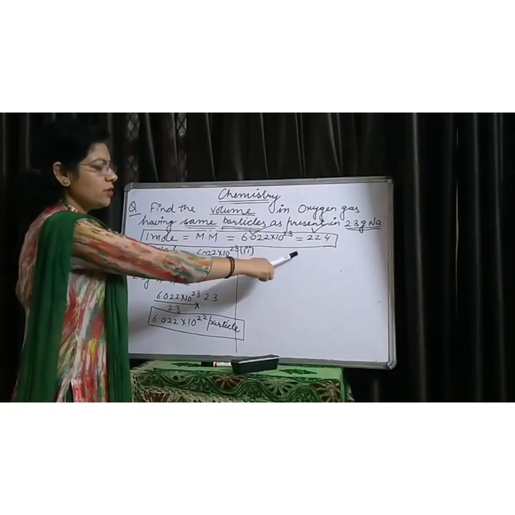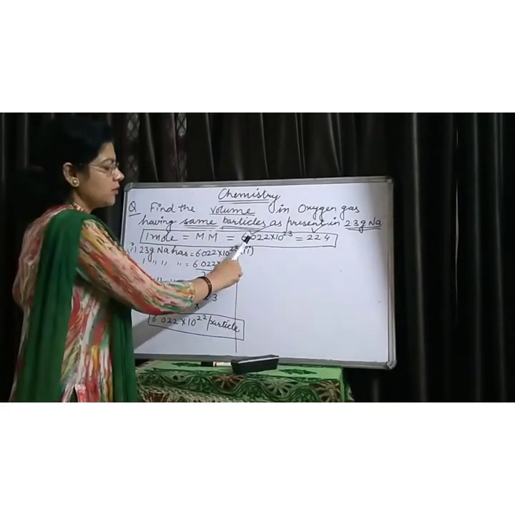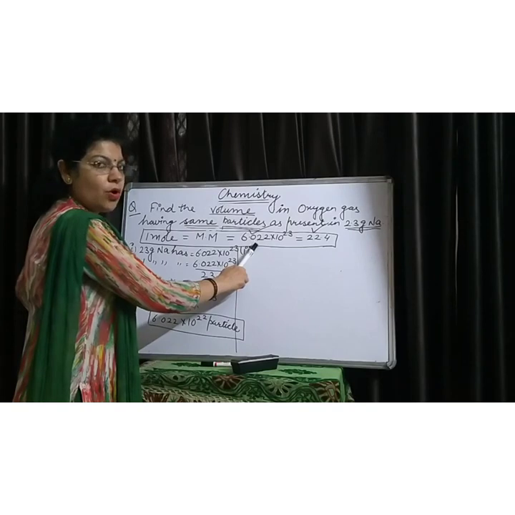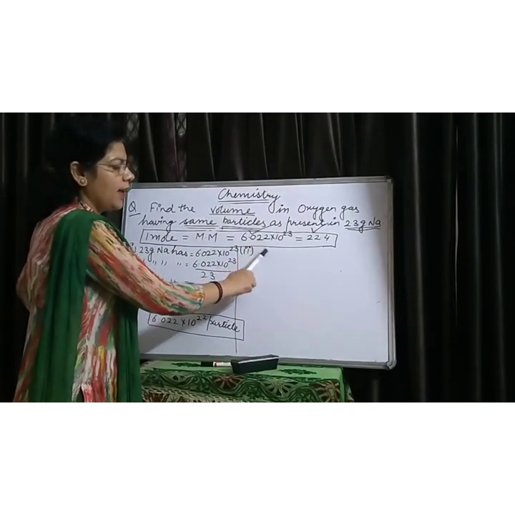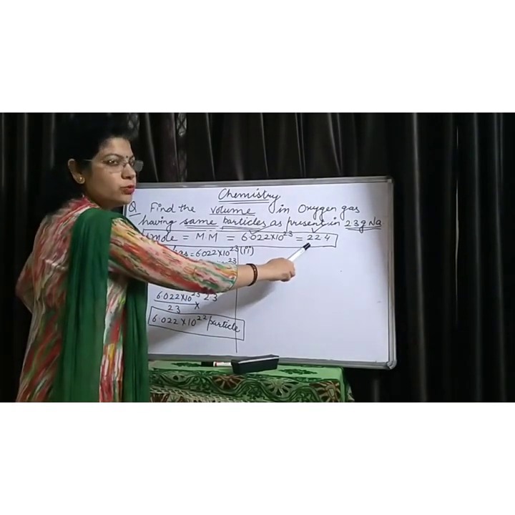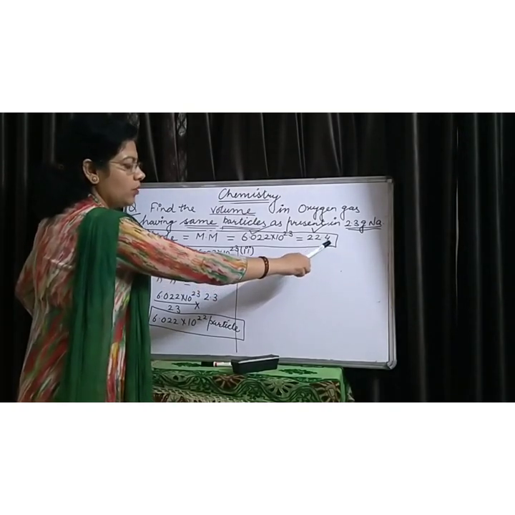From this definition, we know that Avogadro number of any gas has volume equal to 22.4 liters.